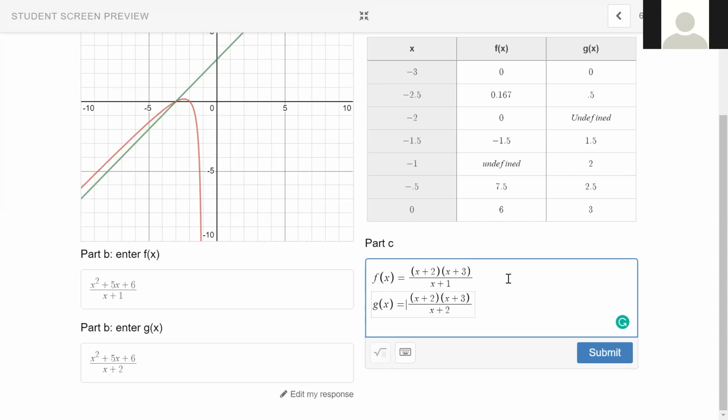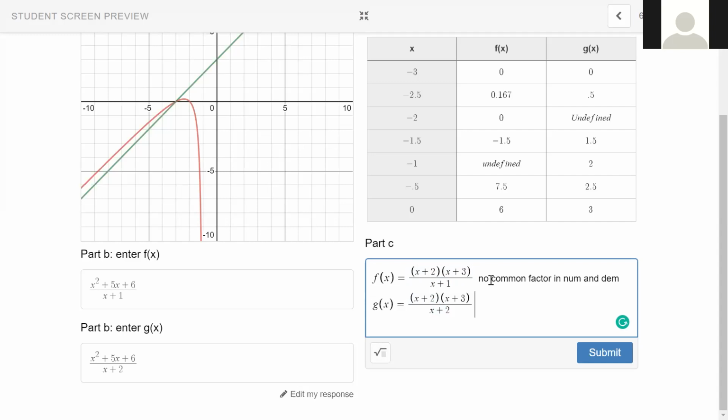Well, f had the vertical asymptote and g had the hole. I don't know about you, but for g having a hole, I see that there's an x plus 2 in the top and the bottom. There's a common factor in the numerator and denominator. Whereas the one with the vertical asymptote has no common factor in numerator and denominator.